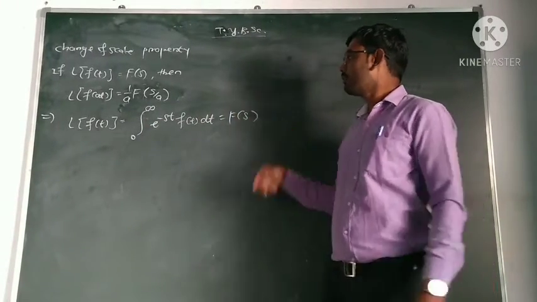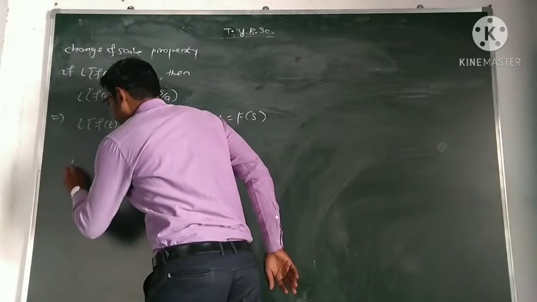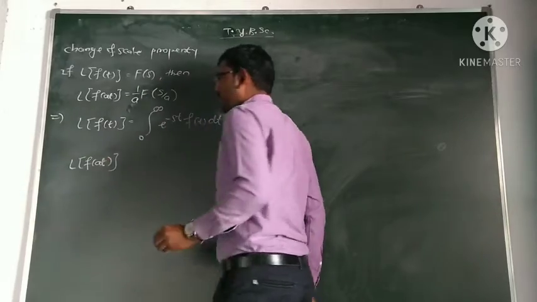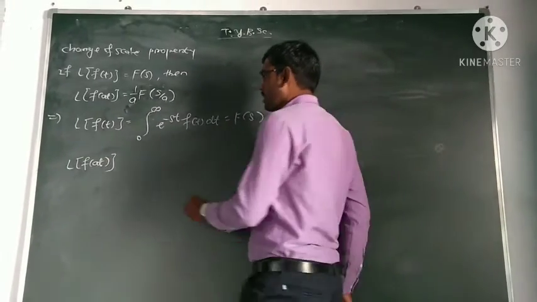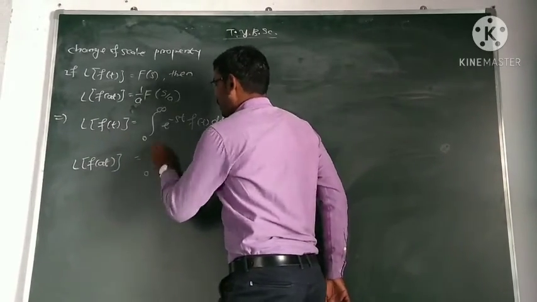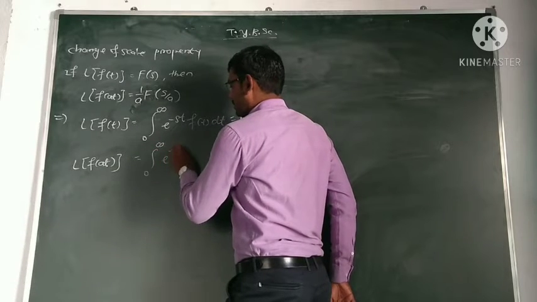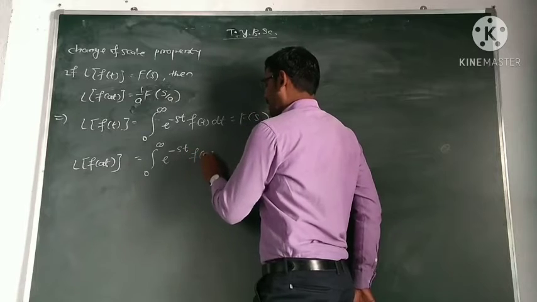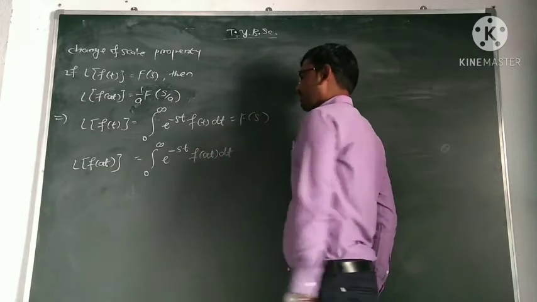Okay, now we have to find the Laplace transform of f of at. So instead of t, put here at. This is equal to integration from 0 to infinity e raised to power minus st into f of at dt.